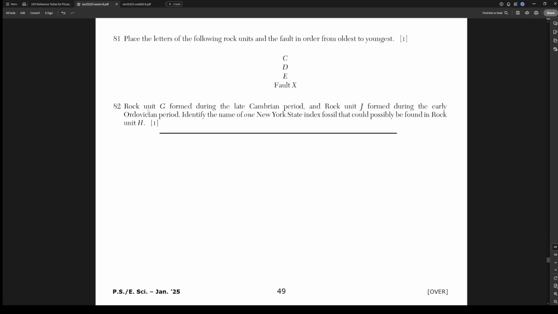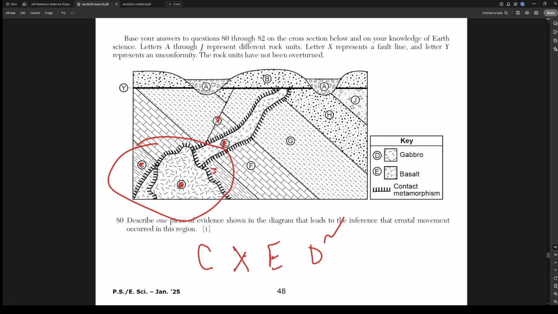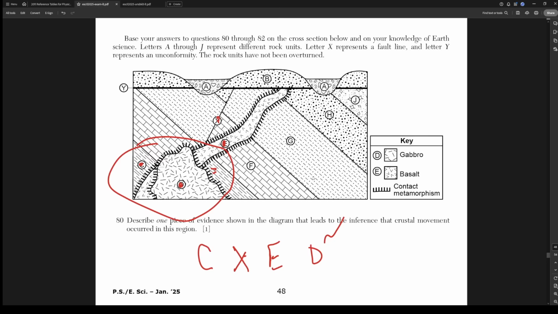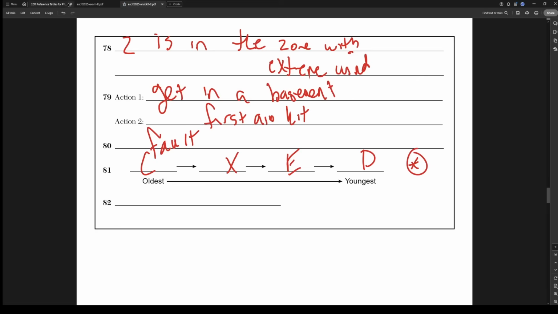All right. Rock unit G formed during the late Cambrian period, and rock unit J formed during the early Ordovician period. Identify the name of one index fossil that could be found in rock unit H. Okay, let's think about this. Cambrian and Ordovician. So we need to know what layers are in between those first.